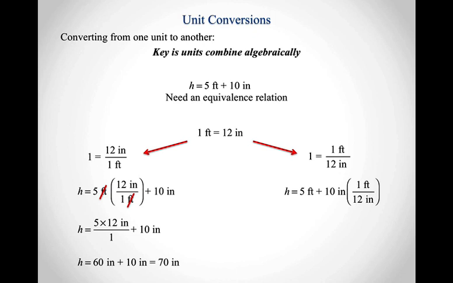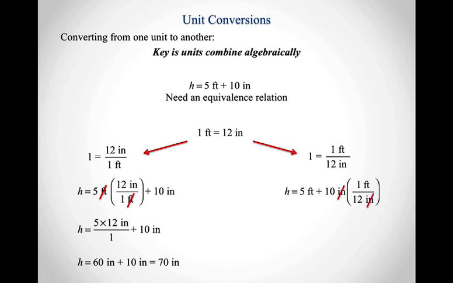If I wanted to give my height in feet, well, here what I'm going to do is leave the 5 feet part alone, and now I need to convert the 10 inches into feet. And again, because the 10 inches, that inch is in the top, I need to set up this equivalency relation so that I can put inches in the bottom like it is here, so that I can get the inches to cancel out.